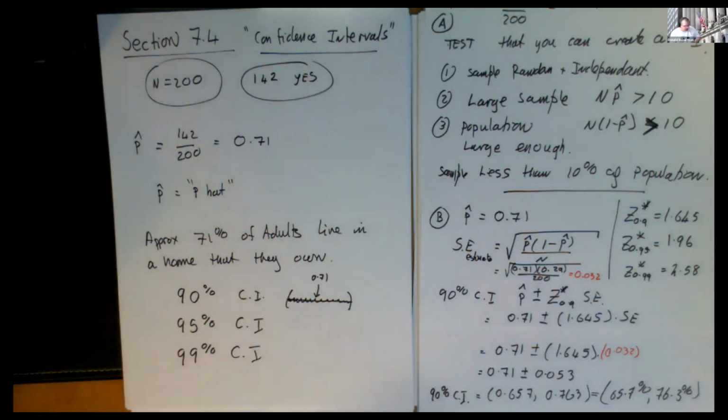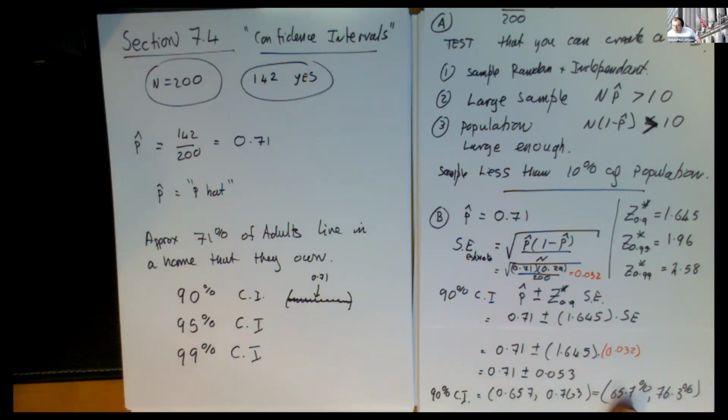So based on what I've just done, we could say that we are 90% confident that the real percentage of Americans who have a mortgage on their house is somewhere between 65.7 and 76.3%. So do you see, we've now got an idea of how good my estimate is. Now, there's a lot of variation, isn't there, between here and here?